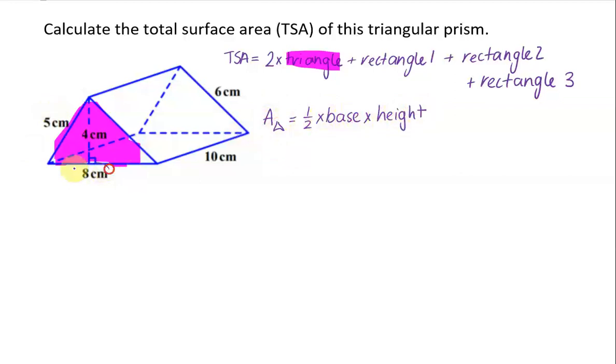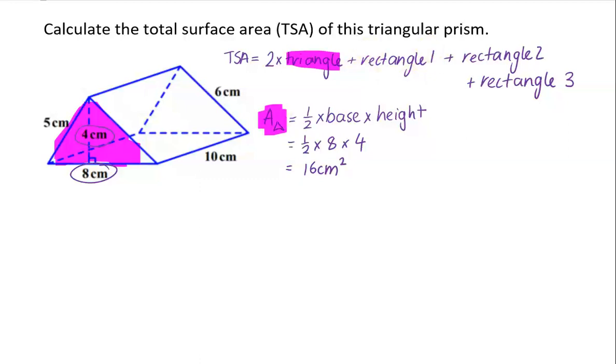On our triangle, the base is 8 centimeters and the height is 4 centimeters. So we have half times 8 times 4, and if you pop that in your calculator, we will get 16 centimeters squared for the area of our triangle. And we can do that in purple as well.